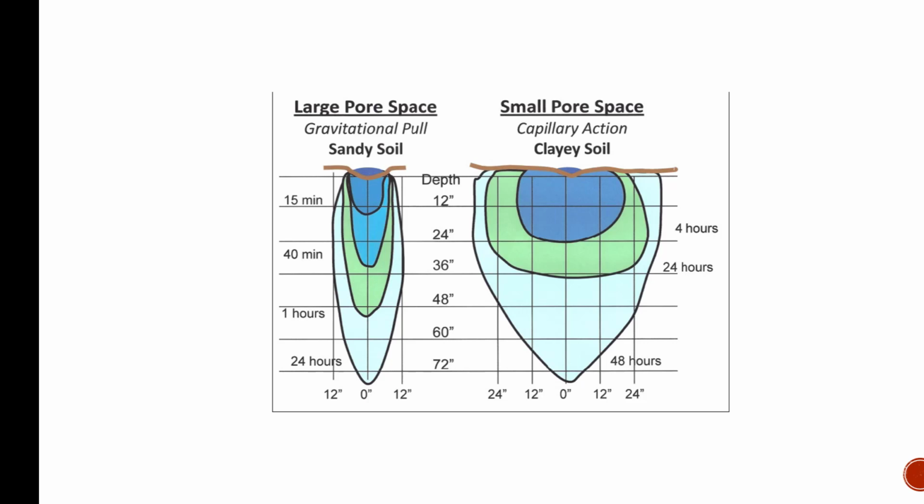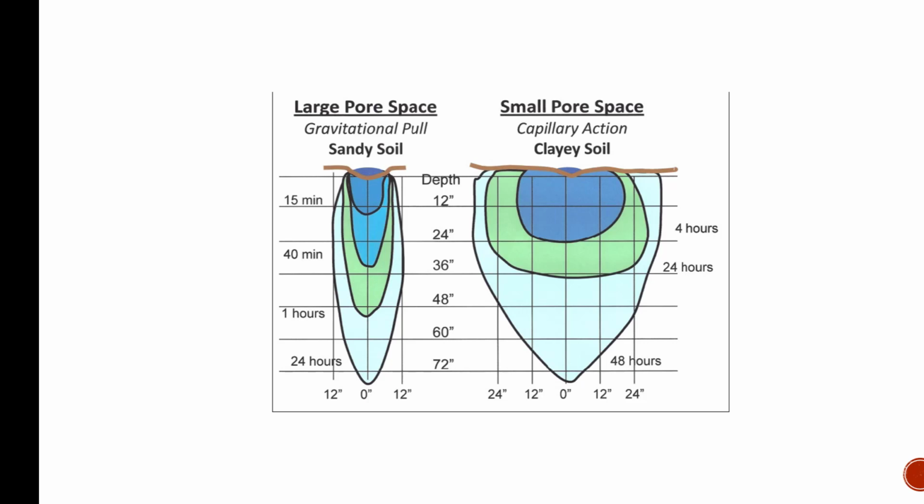And so when you're talking about water movement in soil, and we'll talk about this more down the road, gravitational pull has a lot to do with how quickly water will move through the soil, and that's going to be much greater in sandy soil than it is in clayey soil. Capillary action is when water actually moves against gravity and moves back up.